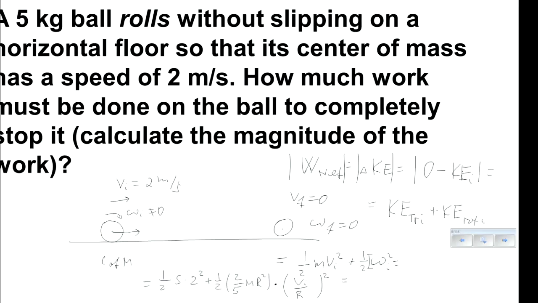And some people would say, after reading this problem, we don't know the radius, so we cannot solve it. But as you know, we have to believe that it's solvable and just push ourselves ahead. And if you look closely at this expression, what do you see? It's getting cancelled.